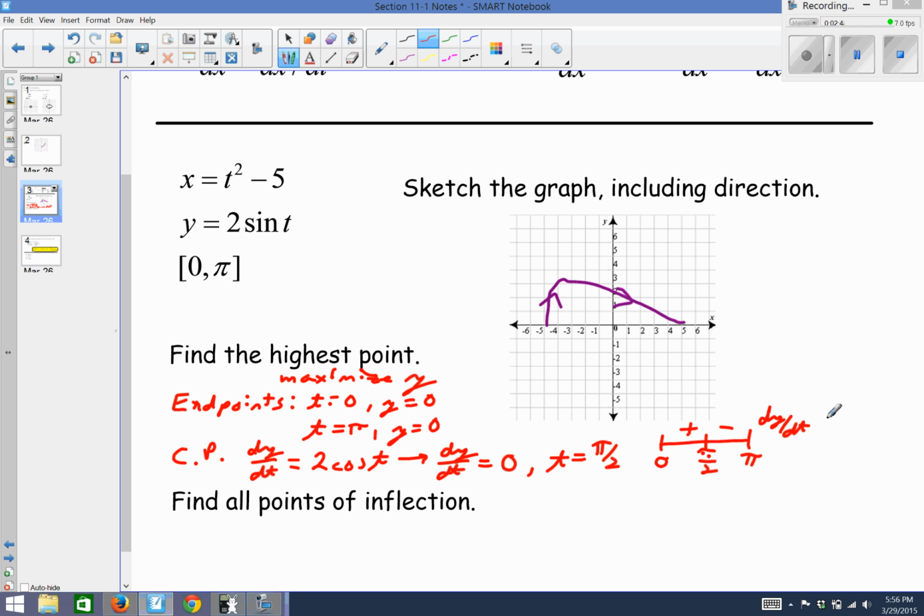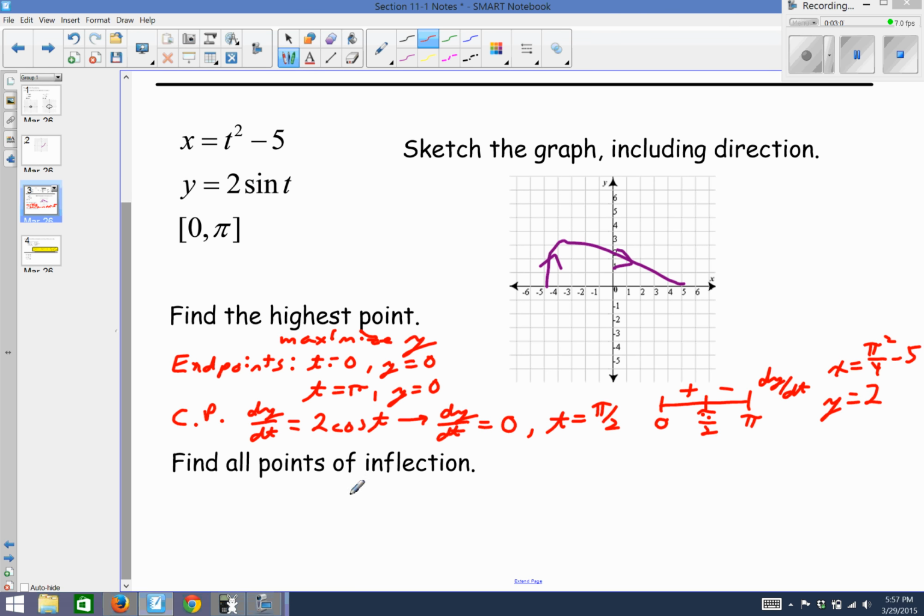And so when t is pi over 2, the y would be 2, and my x would be pi squared over 4 minus 5, whatever that value is, as a decimal. If I wanted to find points of inflection, this requires using the second derivative.